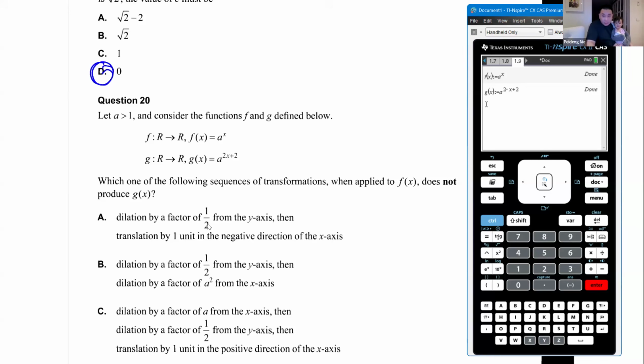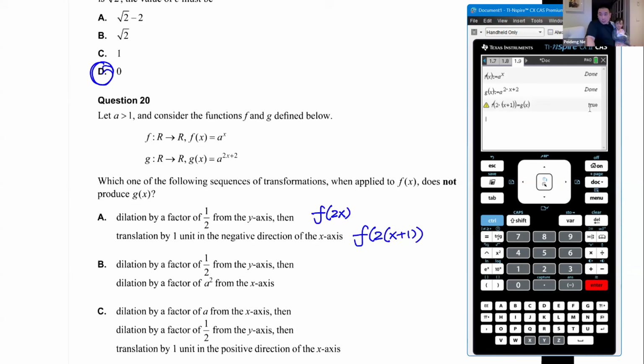Basically, option A, dilation factor of half from the y-axis, that is f of 2x, and then translation by 1 unit in the negative direction of the x-axis, that is f of 2 bracket x plus 1. So I'm trying to see if f of 2 lots of x plus 1 equals g of x.